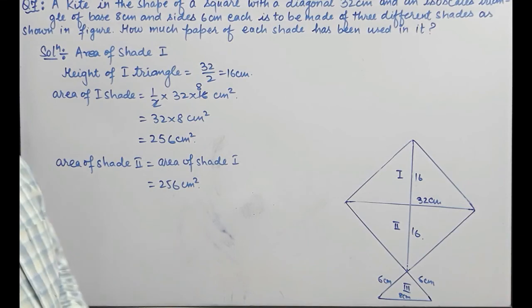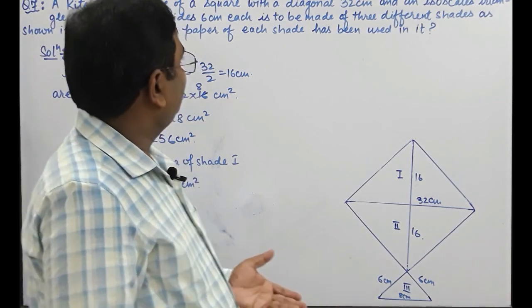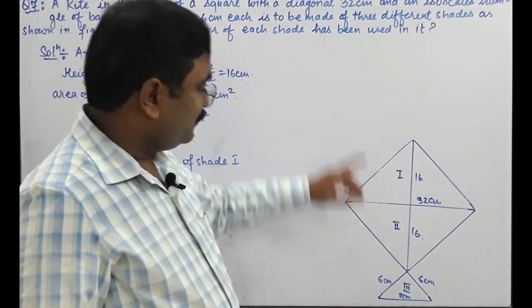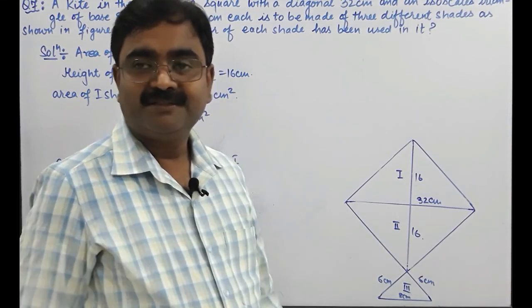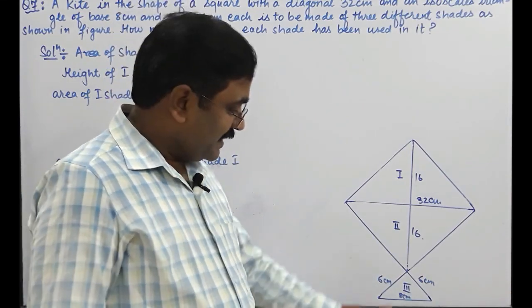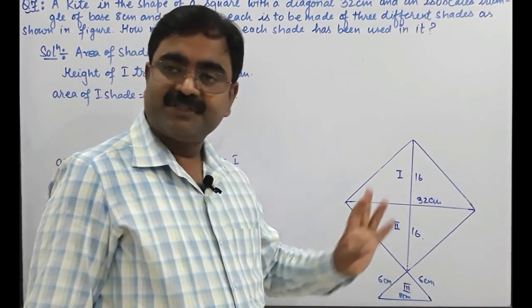Now after that we have to find out the area of this third side, right? And the measure of each side of this is given.